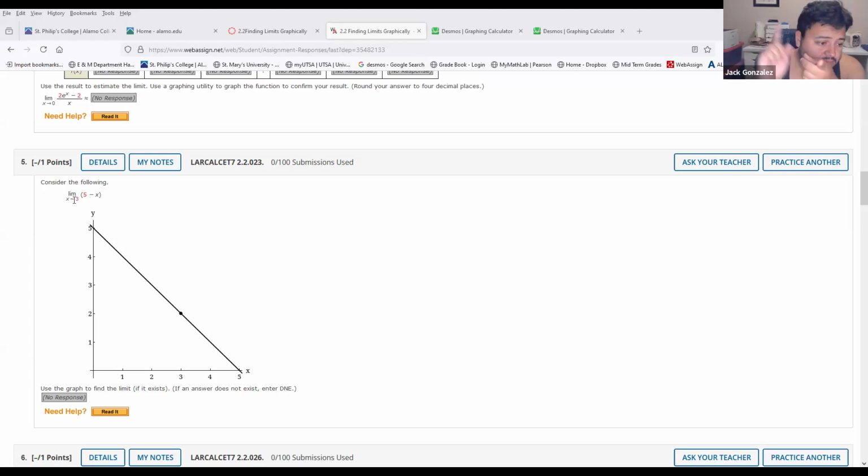The first method is plugging numbers closer and closer and seeing if they're the same on the left and right. But you should always try just plugging it in. The other method is graph it and just see what's happening. And when you have the graph, I think it's a lot more clear as to what's happening. Because the idea of a limit is very complicated, but when you look at the picture and just talk about it, it's not that bad, right?